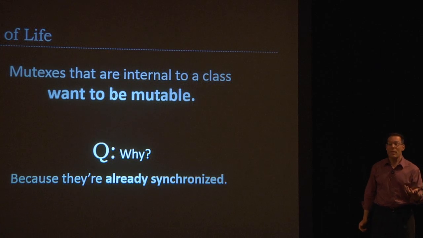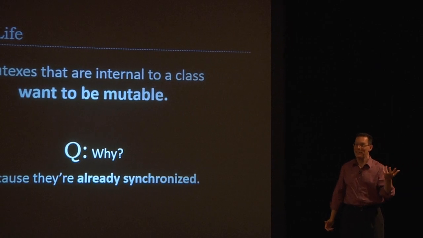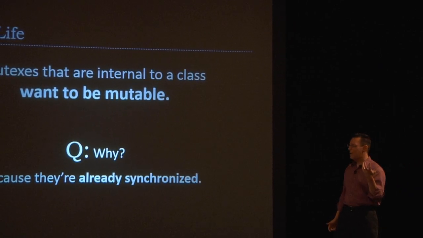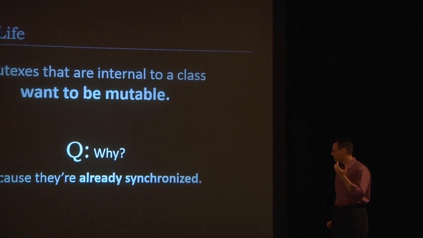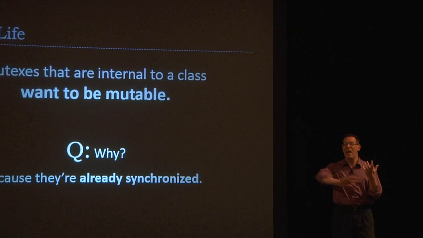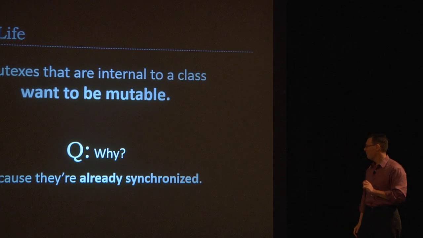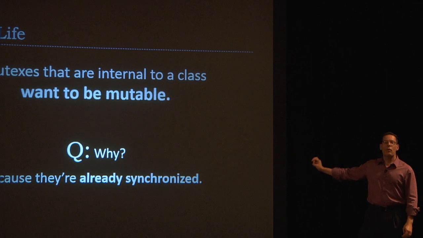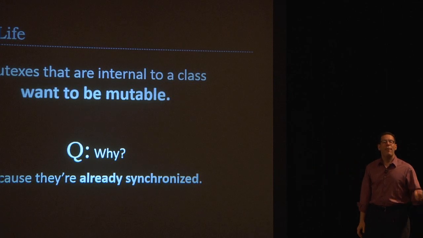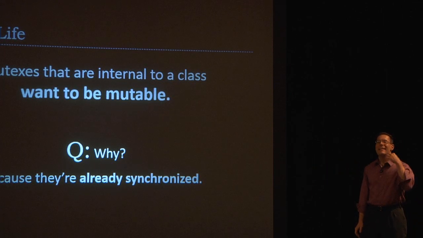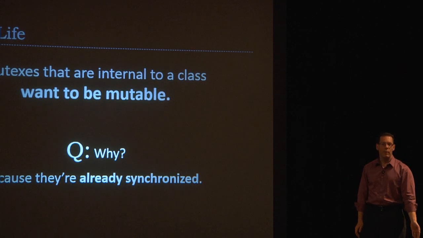They are designed to be used without synchronization from other threads, because if you had to synchronize them, boy, we would be in a wonderful place, wouldn't we? Sisyphus had nothing on us if we had to synchronize access to mutexes. It's because mutexes are already synchronized. That is why they naturally want to be mutable if they're class members in C++11.